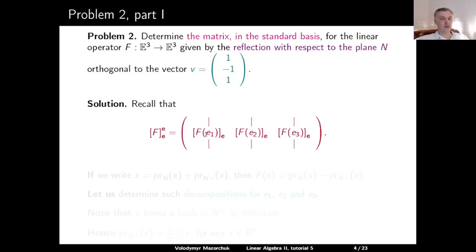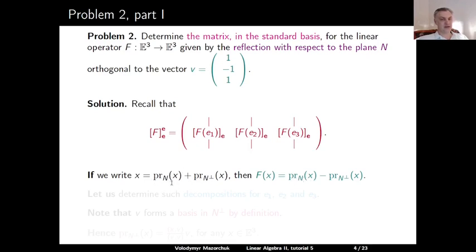So we need to compute these three coordinates. Note that if we take any vector x in our space E3 and write it as a sum of the orthogonal projection of x onto n plus the orthogonal projection of x onto n orthogonal complement, then the image of x under our reflection f is equal to the sum of the projection of x onto n.